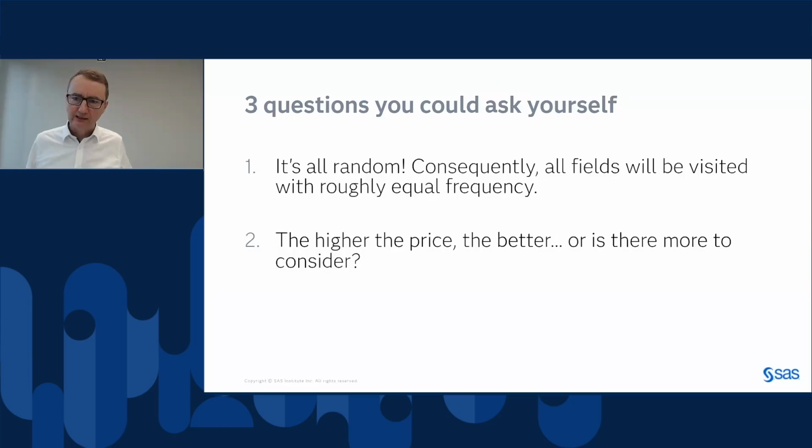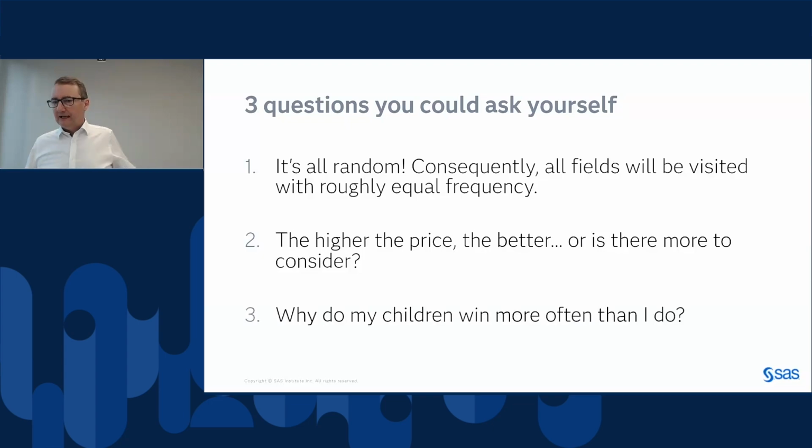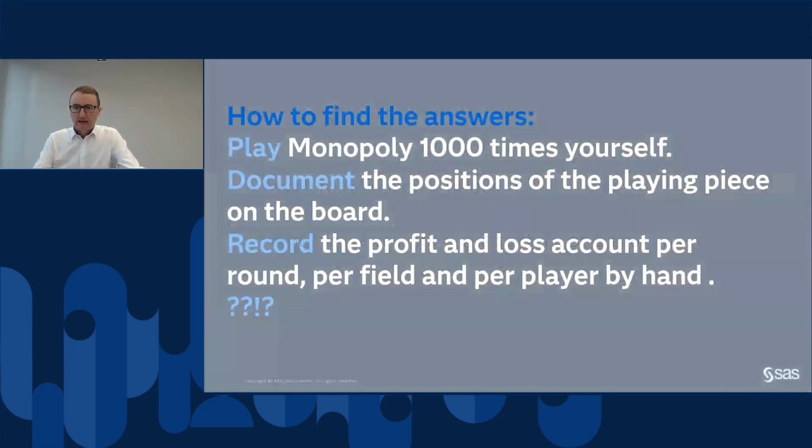So is it really the higher the price, the better, just buy that one? Or is there more to consider? And last but not least, I experienced that, my grandmother experienced that: why do the children win more often than I do? This is a question which we'll answer at the very end of our webinar today. In order to answer these questions, we could now play Monopoly 1,000 times.